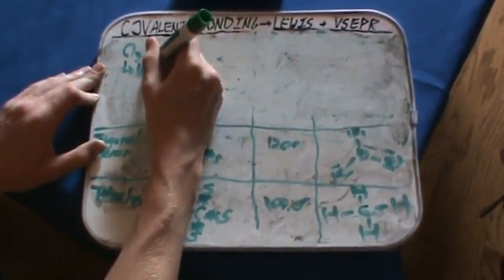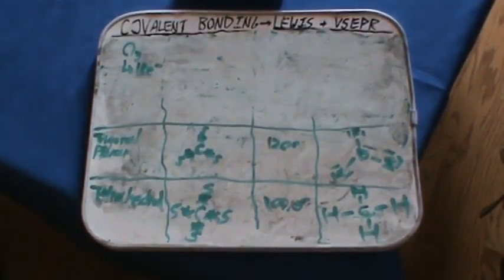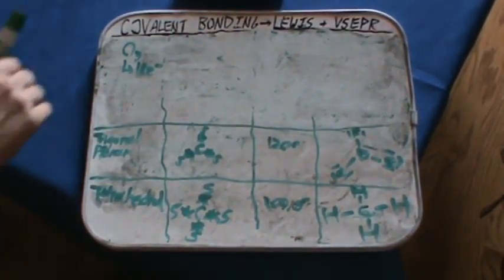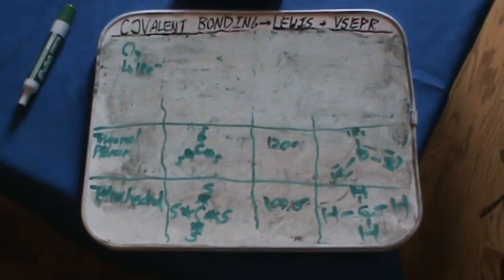That's 18 electrons to work with to make this structure. So, as we know, there's just simply 3 oxygens. One of the oxygens is going to have to be the central atom.